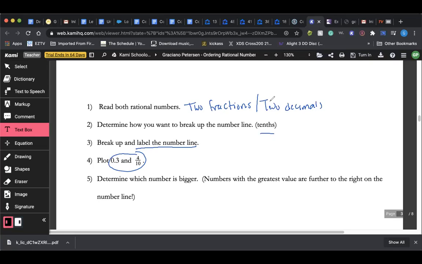We're going to do a couple more examples like this where we figure out which one is bigger. In this example, we turned the decimal into a fraction. In our next example, I'm going to show you how to turn the fraction into a decimal.